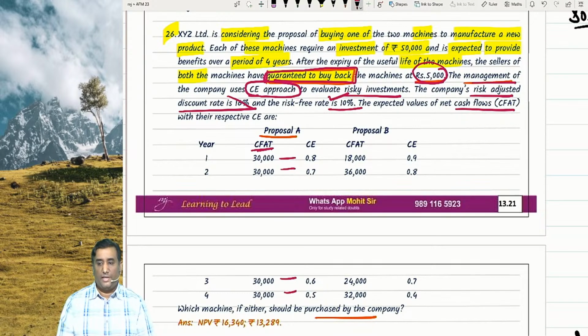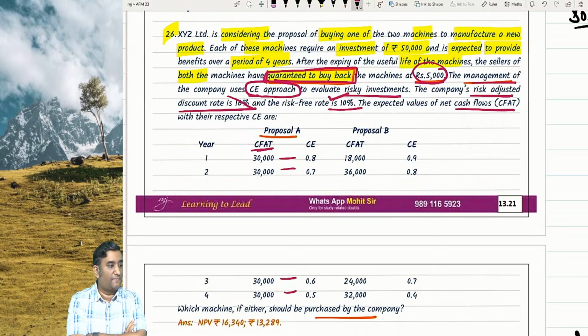So proposal A, year, CFAT is uncertain cash flow, C factor, that will give you certain cash flow. And last year guaranteed, this is the 4th year, multiply by 4th year factor.